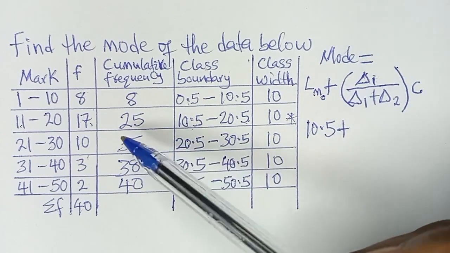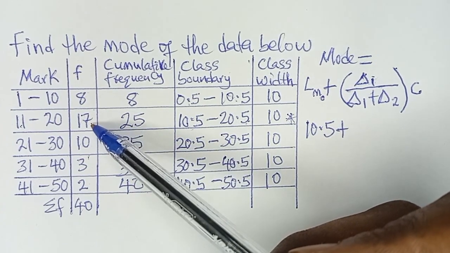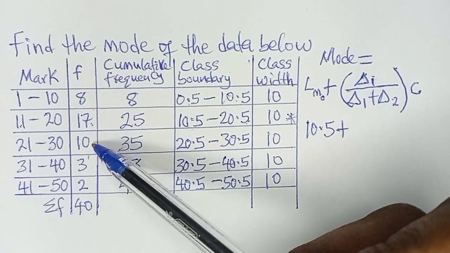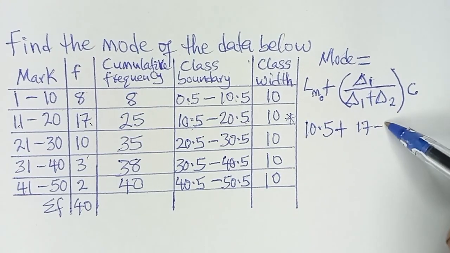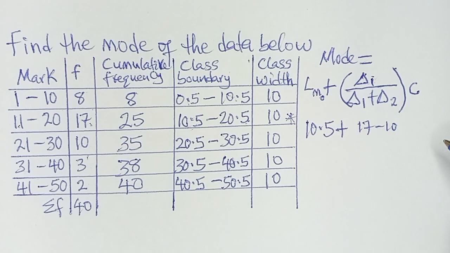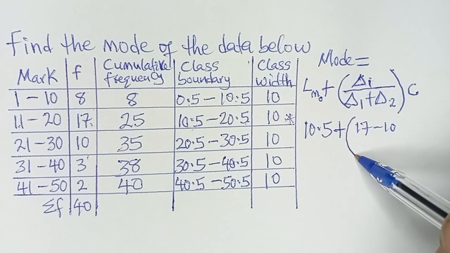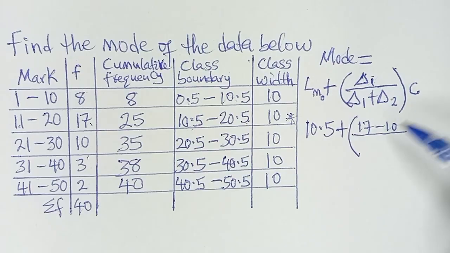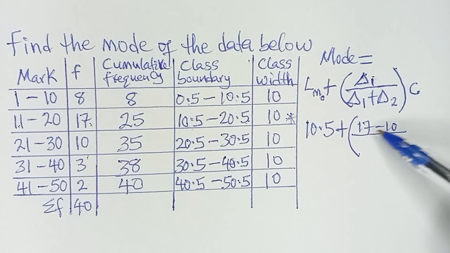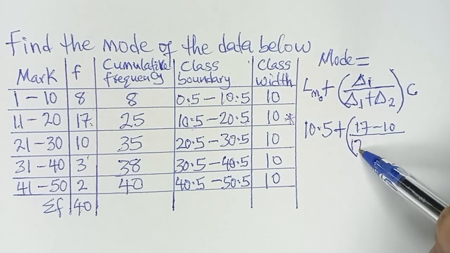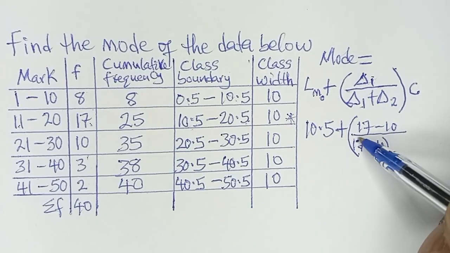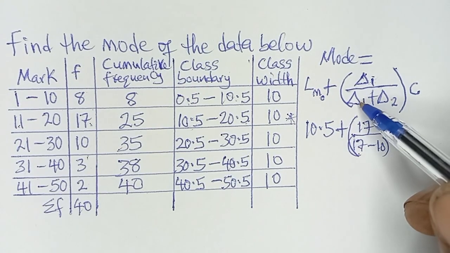So now the frequency of the modal class is 17 and the frequency after it is 10. So this delta 1 becomes 17 minus 10. That is the frequency of the modal class minus the frequency after the modal class. That is the same thing as this delta 1 here.